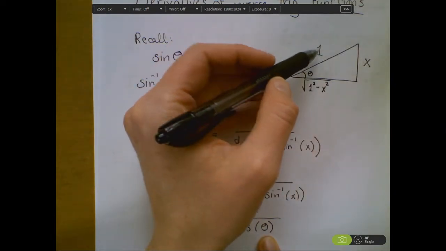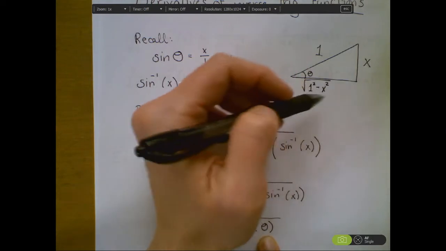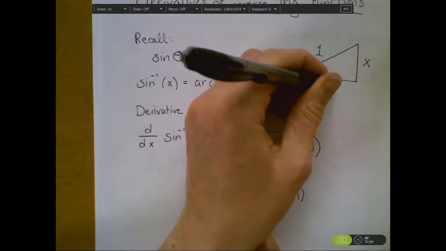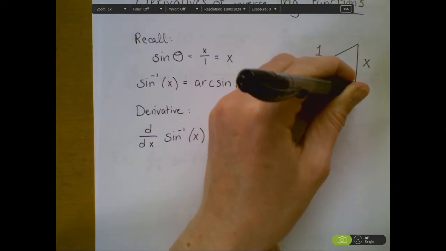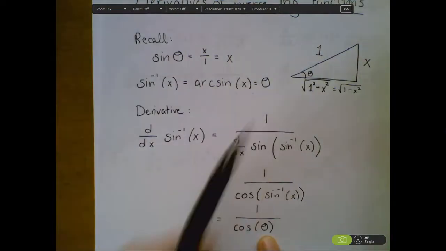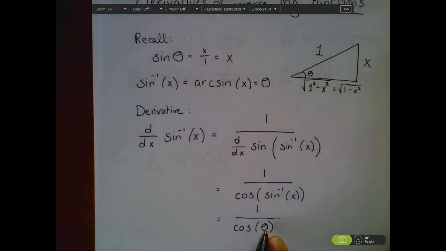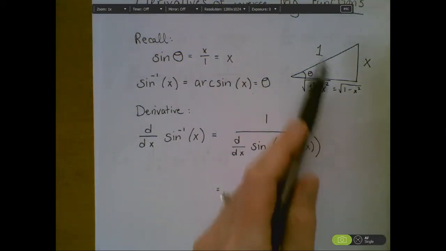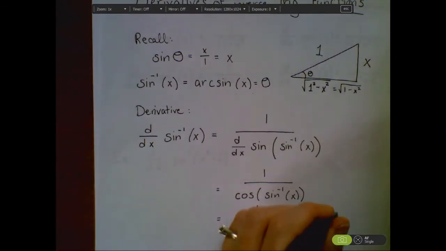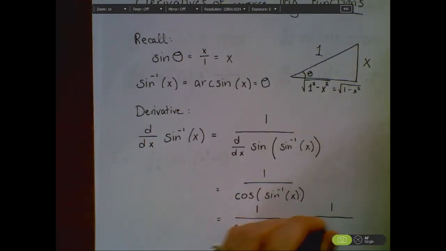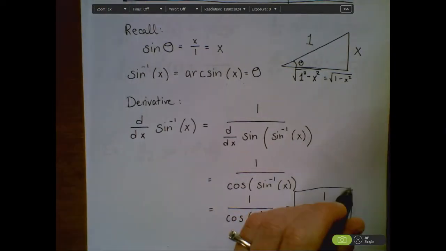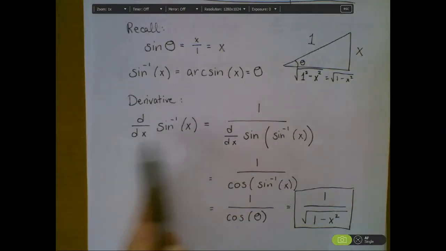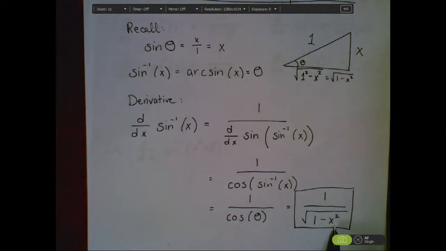That's the same thing as the square root of 1 minus x squared. So that means that the cosine of theta is going to be adjacent over hypotenuse, which in this case is 1 over the square root of 1 minus x squared. And we're done. We've converted our derivative of our sine inverse function back into the realm of x's.